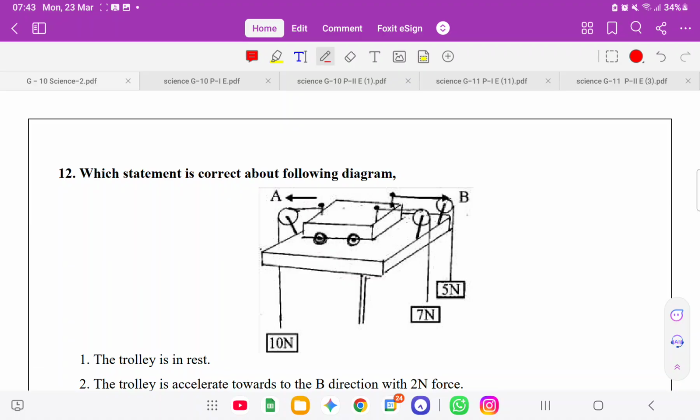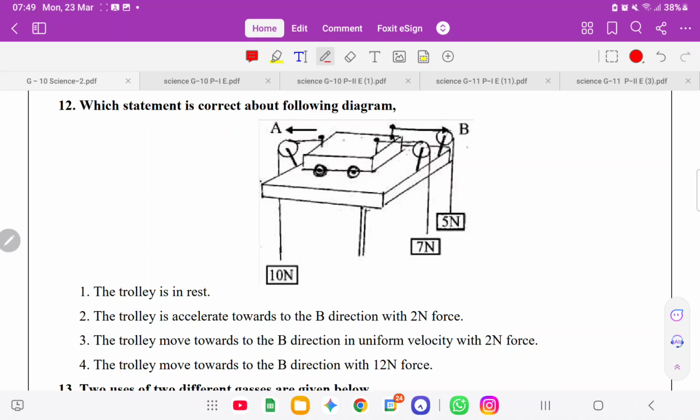Okay, then the 12th one. Which statement is correct about the following diagram? The trolley is at rest? No, right? Because there is 10 Newton on the A side and 12 Newton on the other side. Second one: the trolley accelerates towards the B direction with 2 Newton force.